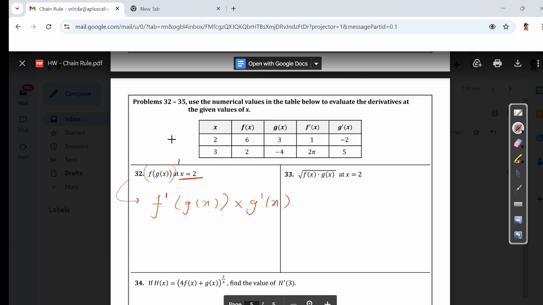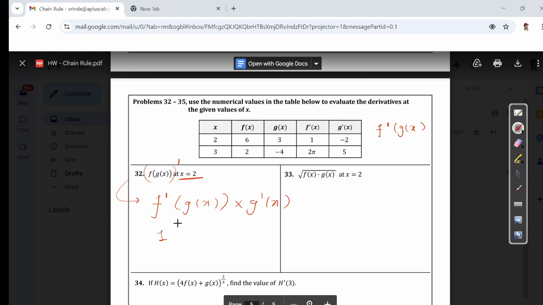Okay, so f prime of g of x. So 1 of 3, like 1 parentheses 3 times -2, g prime of x. Wait, something is not correct here because they have not given the value of f prime of g of x.